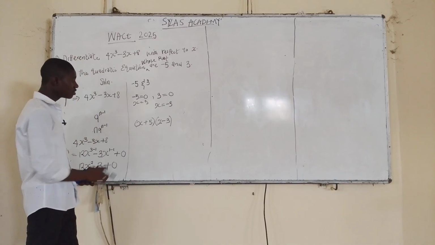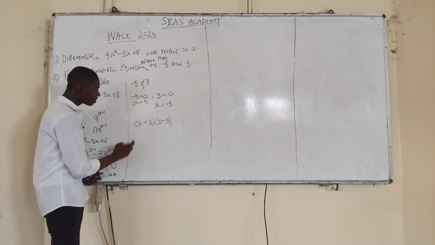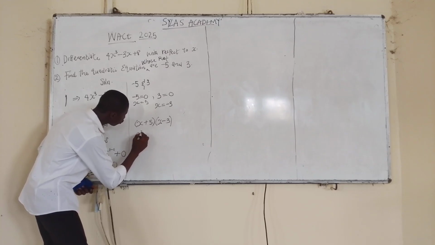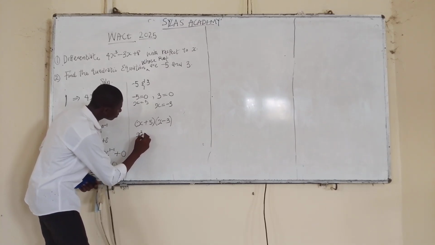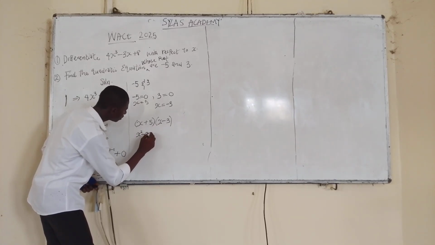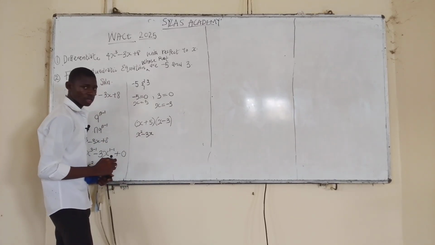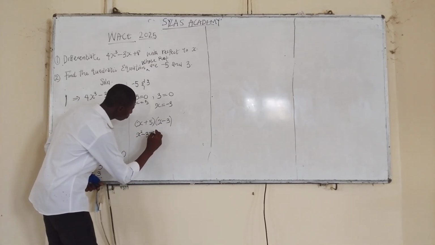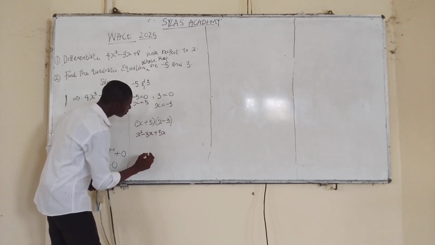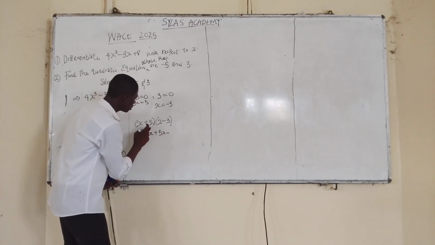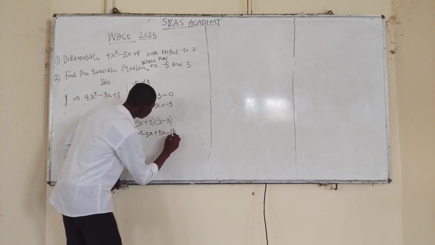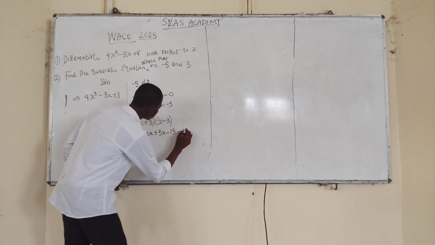Now you're going to solve this. You open the bracket by saying this one times this one gives you x squared, minus x times 3 gives you minus 3x, plus 5 times x gives you 5x, minus this one times this one gives you minus 15, equal to 0.